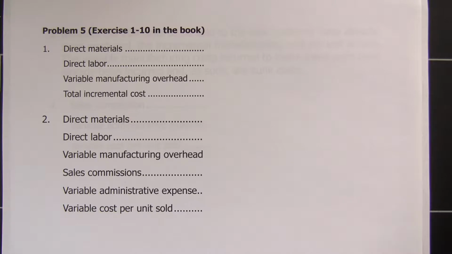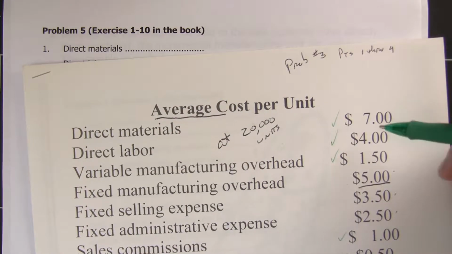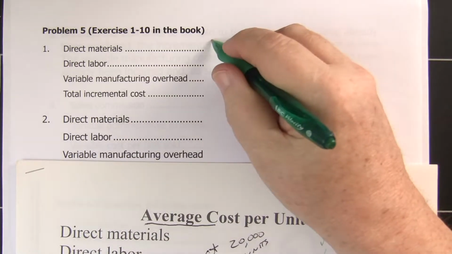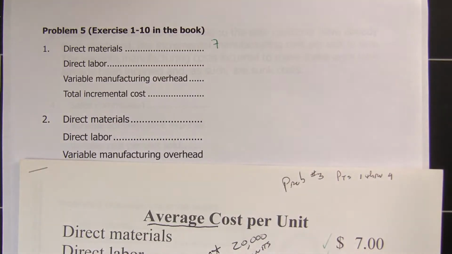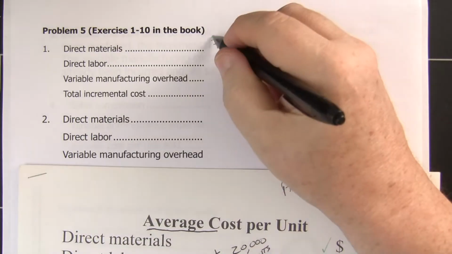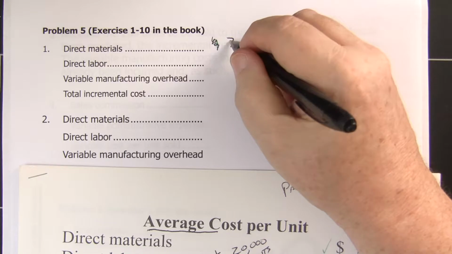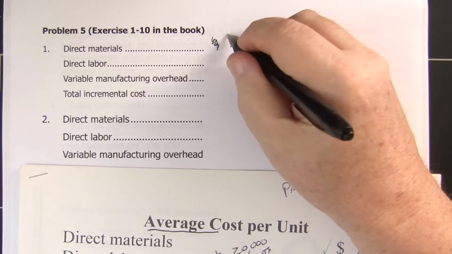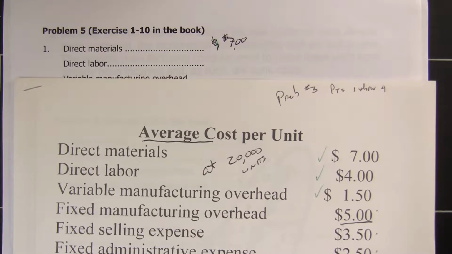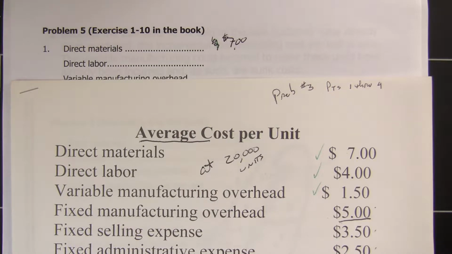Well, to make one more unit, we're going to need direct materials. So we're going to need that $7. We're going to need the $7 of direct materials, because you can't make something without something. We're going to need the direct labor.